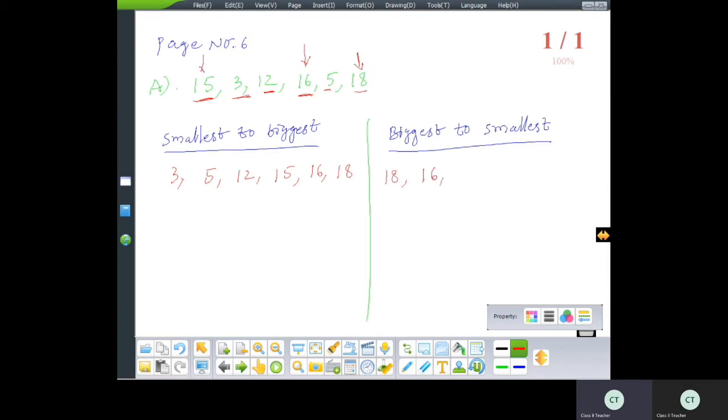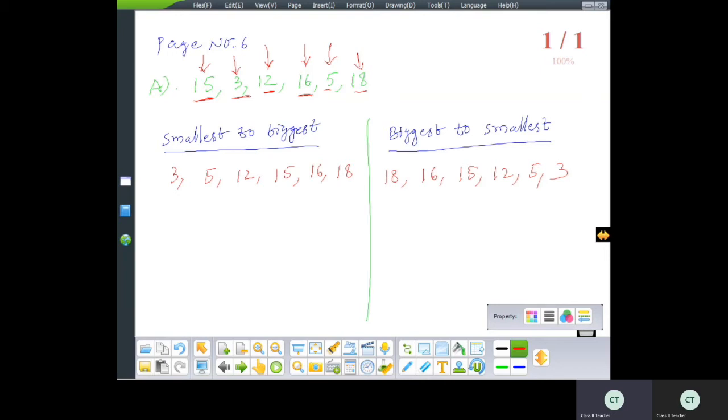Next, 15. Next, 12. Next, 5. And the final one, the last one, is 3. Biggest to smallest from the given numbers: 18, 16, 15, 12, 5, 3.